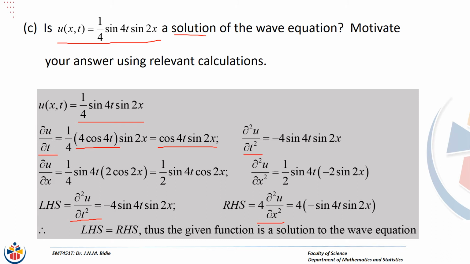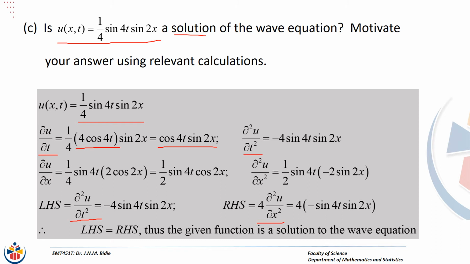So again, sine 2x does not change. We find the derivative of cos 4t. We know the derivative of cos is negative sine, and then the argument of cos was 4t, so we have to multiply that by the derivative of the argument.